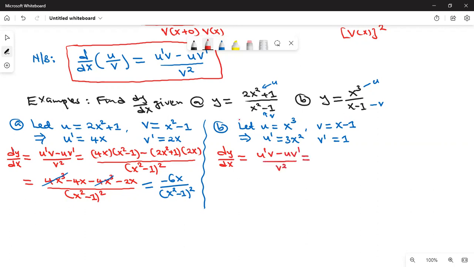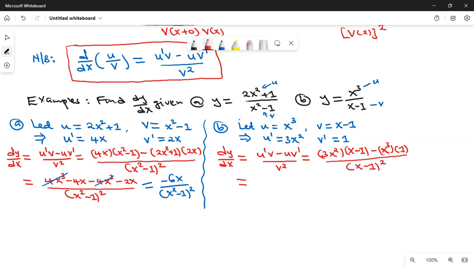And so when I substitute u prime, that is 3x squared times v, which is x minus 1, minus u, which is x cubed, times v prime, that is 1, everything over v squared, x minus 1, and this is supposed to be squared.